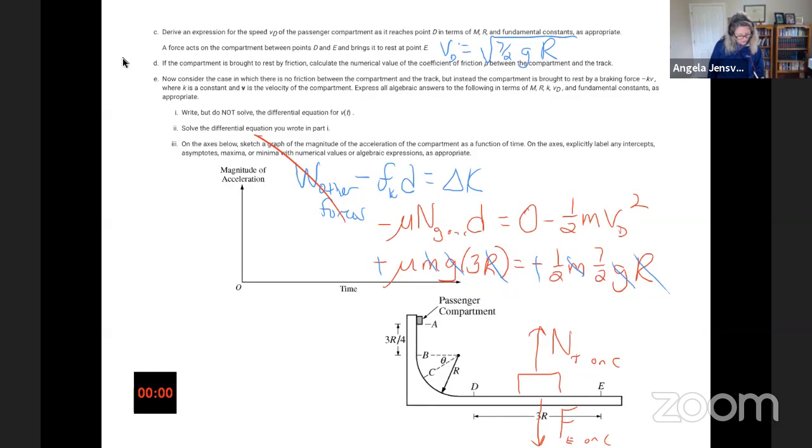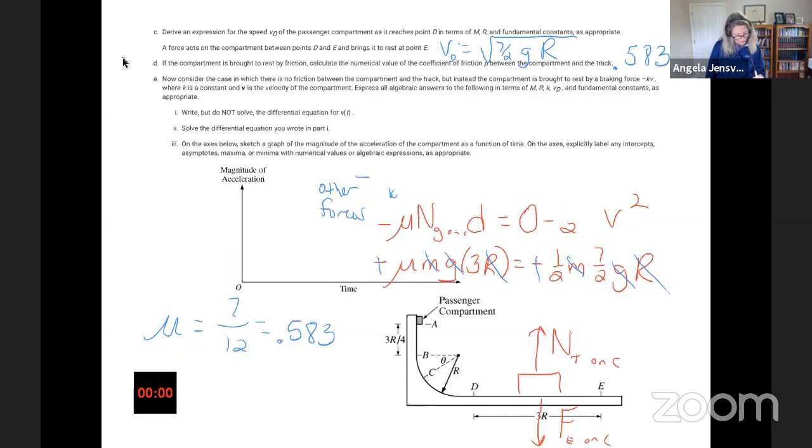Okay, so mu is 7 over 3 times 4 is 12. What is that? I think I wrote it down earlier. 0.583. So mu, where are my units? Am I getting sloppy? Mu doesn't have units, right? Because it's a ratio of forces. So 0.583.